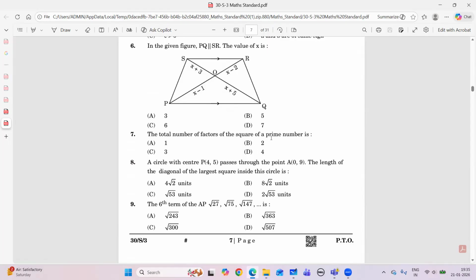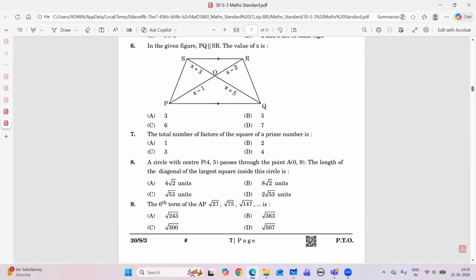A positive integer becomes prime if its only factors are 1 and itself. For example, 2 is a prime. Its only factors are 1 and 2. Now, the total number of factors of the square of a prime number.